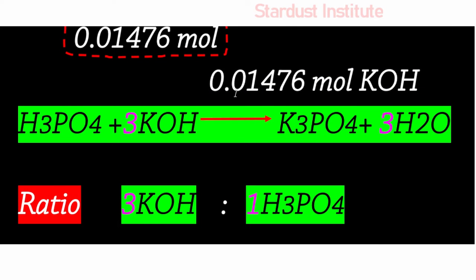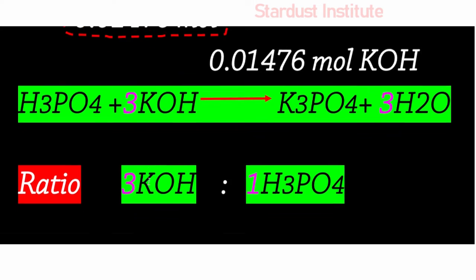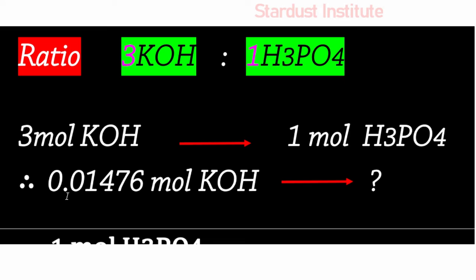Now we have 0.01476 moles of KOH. Therefore, to react with 0.01476 moles of KOH, how many moles of phosphoric acid are required?